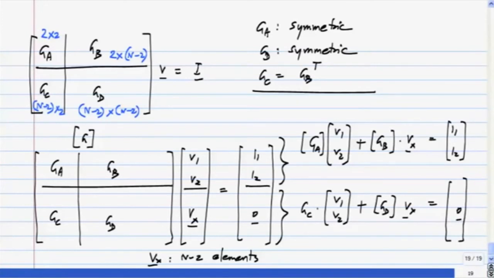So what I will do is basically eliminate Vx from these two equations, that is all. It is just like eliminating a variable from two linear equations, except that we now have vectors and matrices instead of scalar coefficients and scalar variables. But that does not pose any particular complication.